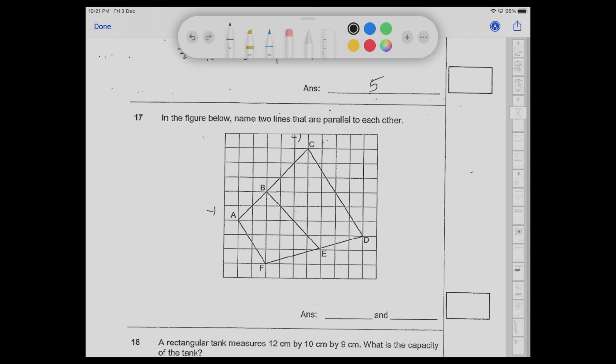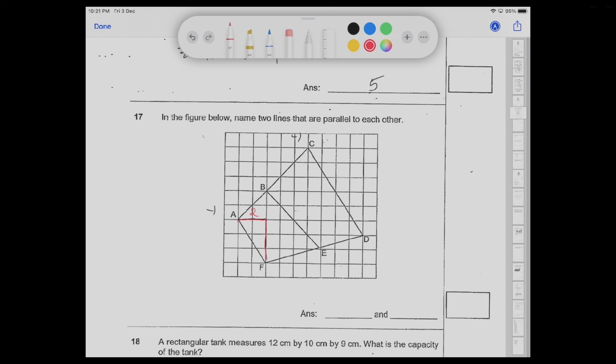How do we confirm this? So AF, this line here, we have to look at the triangle that it forms. Let me highlight it in red. Length here is 2 and the height here is 3.